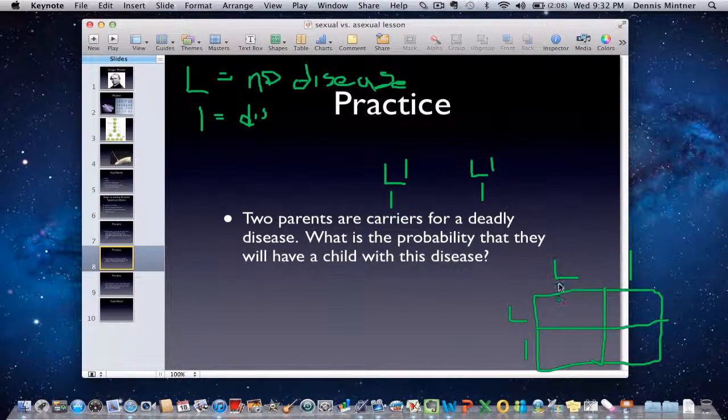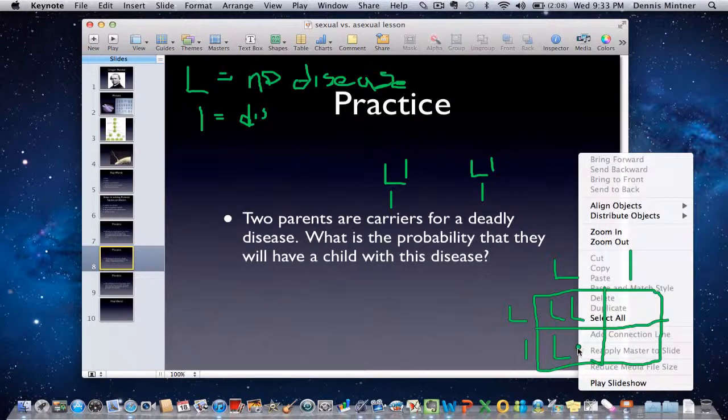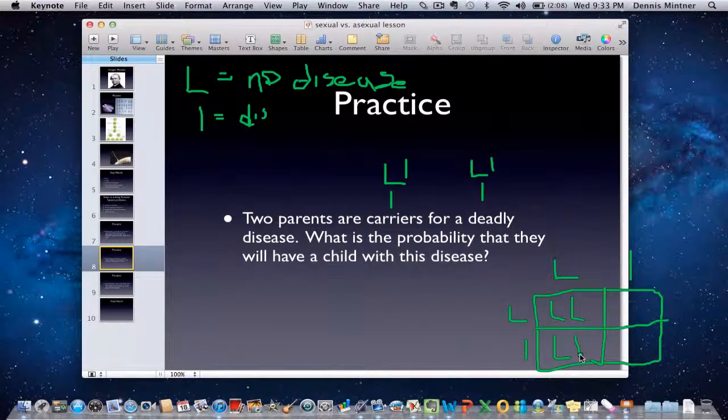Now when I put them together, if that sperm and that egg come together, this is big L, that is homozygous dominant for no disease. This one box right here will be big L. We always capitalize the first one, and then the little l. That is heterozygous for the dominant trait of no disease.